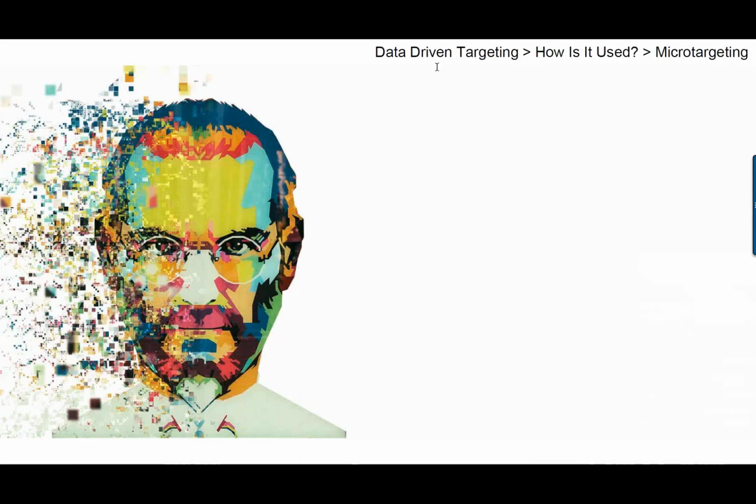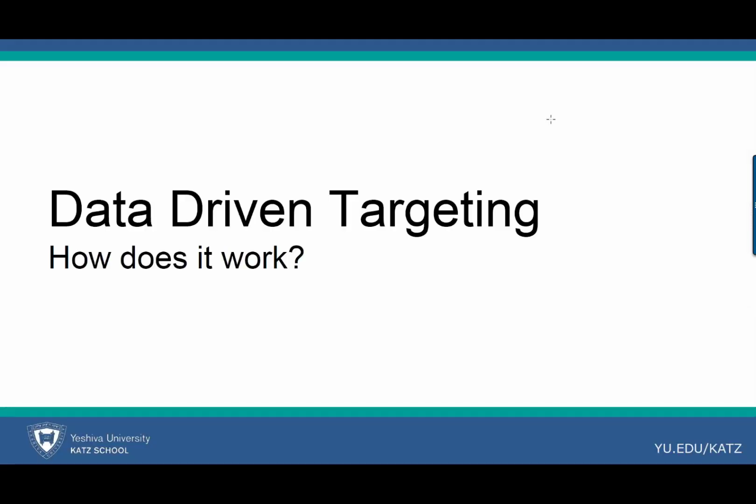So this is an example of what I would consider very positive micro-targeting. And the cost of full body genetic scans is falling like Moore's law. So it's becoming more and more affordable for large numbers of people. So micro-targeting can be used for good and not so good purposes.